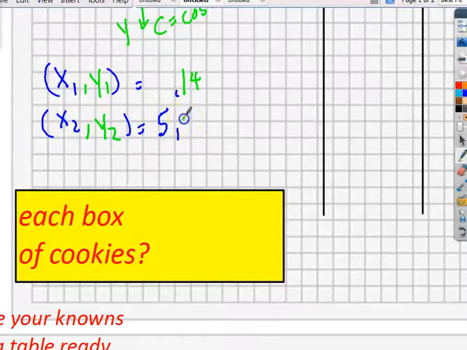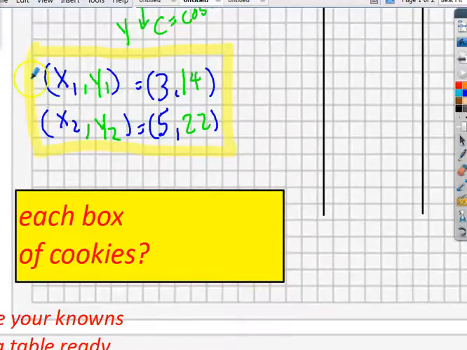I got it. How many cost 14 was my question? 3. So the first input was 3. The second input was 5. The first output was 14. The second output was 22. And that's called writing your clues. So if you wanted to call that step 1, step 1 is write your clues, or write down your notes.